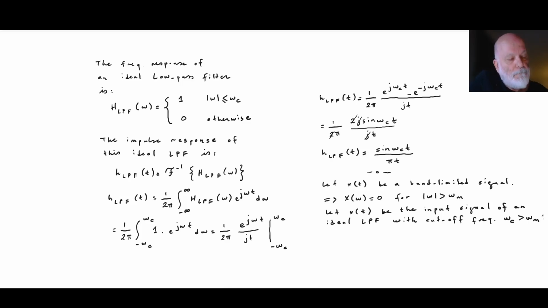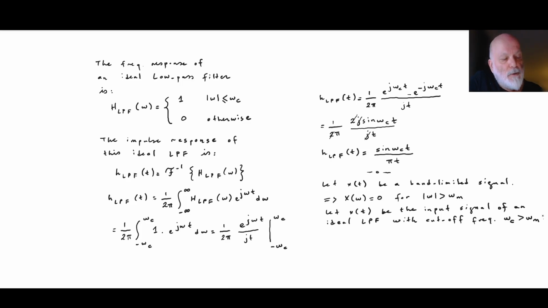Okay. Now, since the cutoff frequency is greater than omega m, what will happen if we apply x of t as the input signal of the ideal low-pass filter with cutoff frequency omega c satisfying this property? The output will again be x of t.